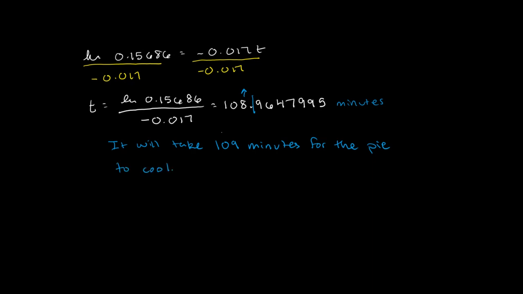Which is a long time. That's more than an hour and a half. That's a lot longer than I would have expected for a pie. But I imagine that it's insulated. It keeps the stuff inside, stays hot for a long time.